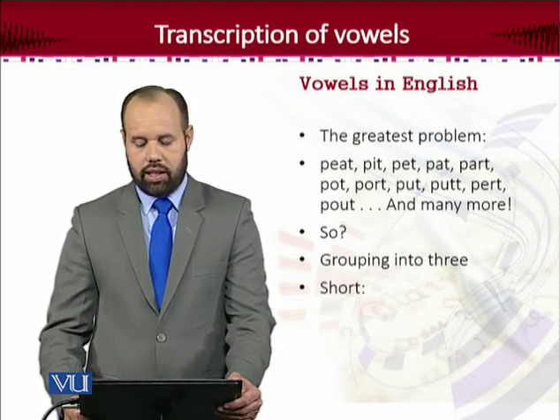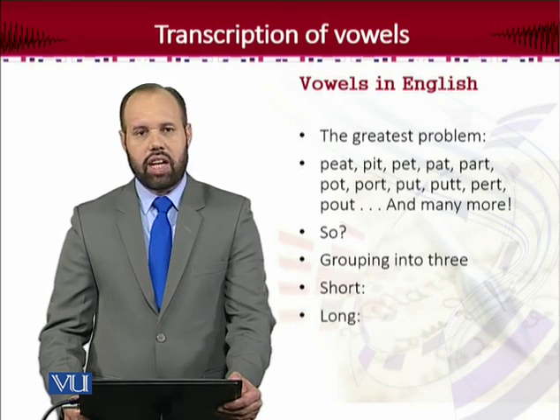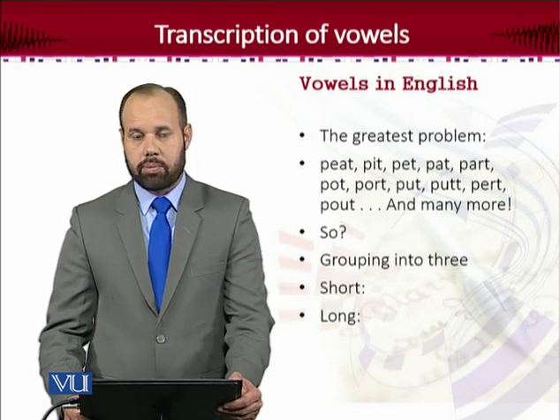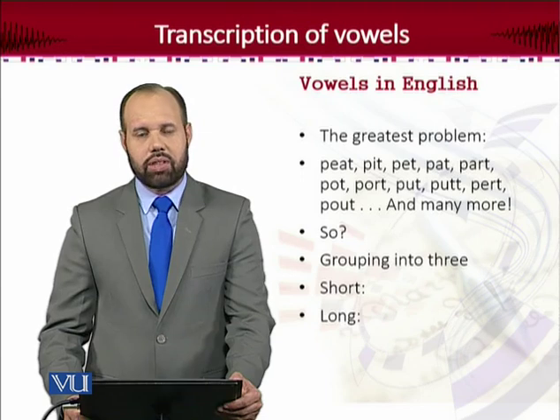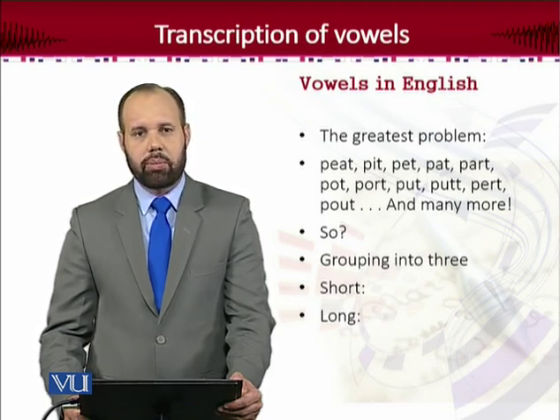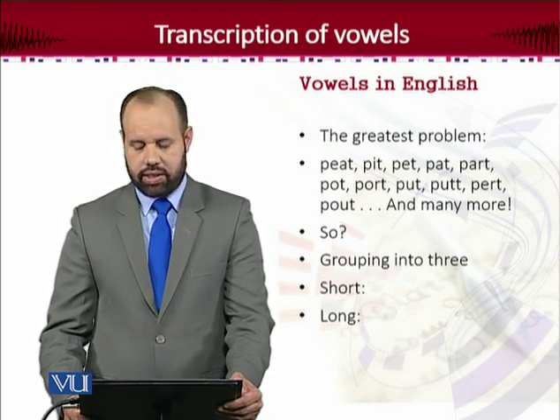Then long vowels. Within transcription, we consider long vowels together with diphthongs because they are also long vowels. This is only for the sake of transcription that we put diphthongs and long vowels together.